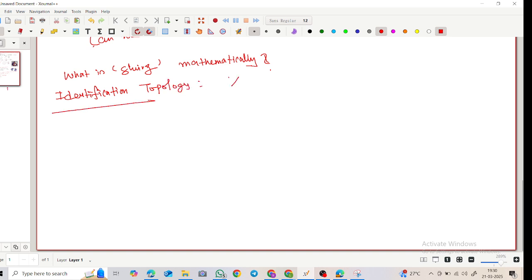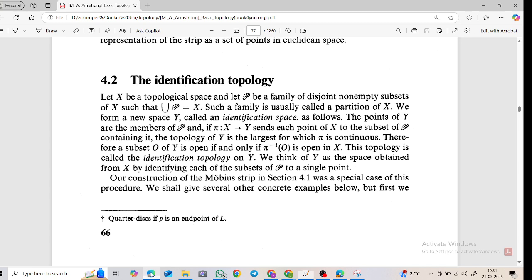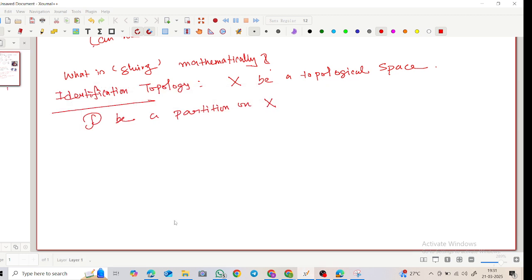So first we take X to be a topological space. Okay. So, let P be a partition on X. So you all know what a partition means. You know what a partition means? Yeah, yeah.